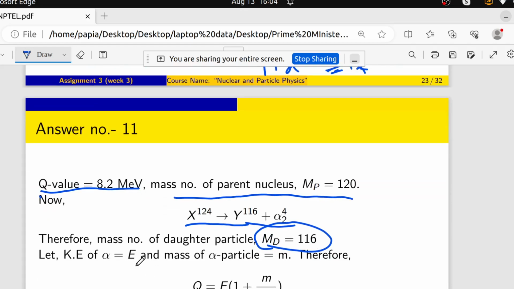Let the kinetic energy of alpha be E and the mass of the alpha particle be M. There is an expression for the Q value, which is Q equals E into 1 plus M by MD. What is M here? M is the alpha particle mass and MD is the mass of the daughter particle.